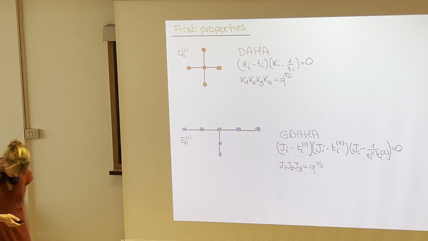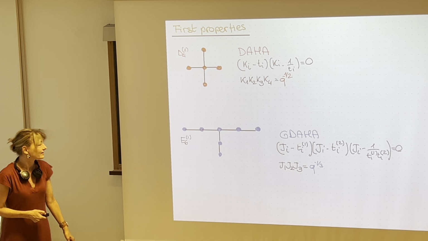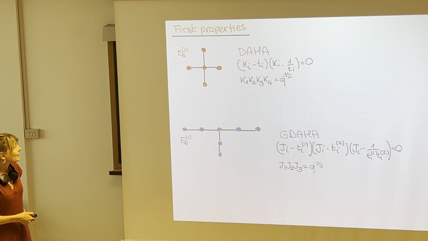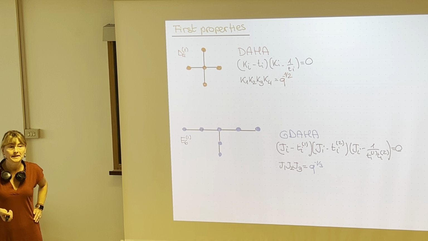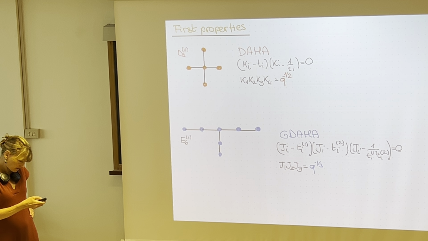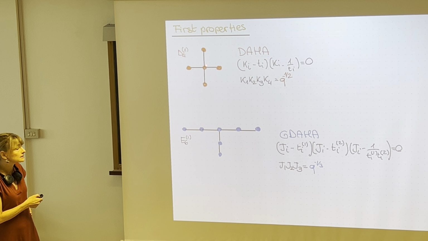Essentially, these generalized double affine Hecke algebras appear as related to affine Dynkin diagrams of star shape. What does it mean, star shape? It means that you have a center and from it some legs radiate out, okay?